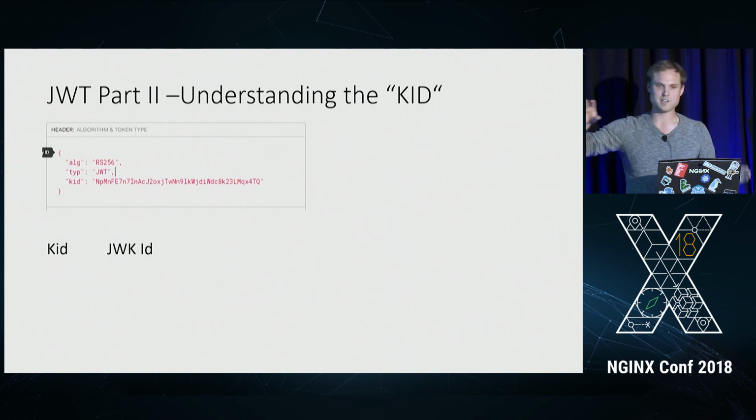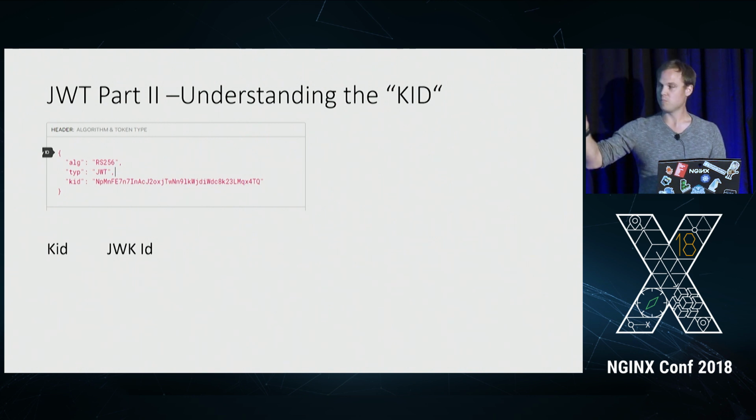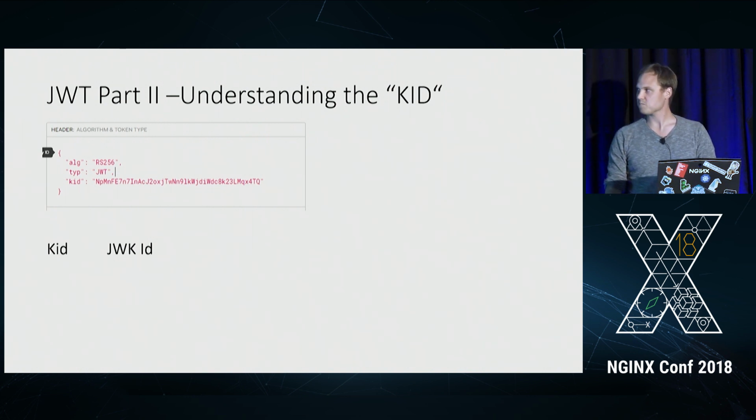This is not just kid and then a random string, so this is pretty important. If you have some trouble with authenticating or validating a JSON Web Token on your NGINX instances, make sure the key ID of the imported key on your instance is the same as the key in your received JSON Web Token. That's why I'm pointing this out, because it was a pain from a personal perspective.